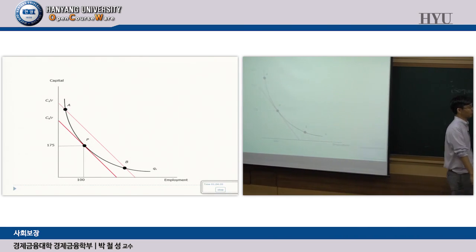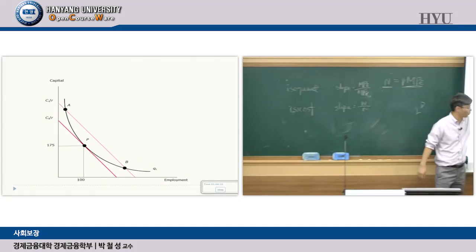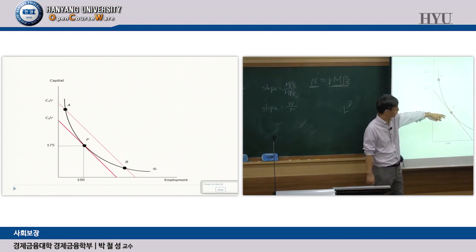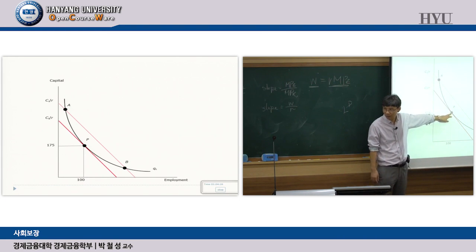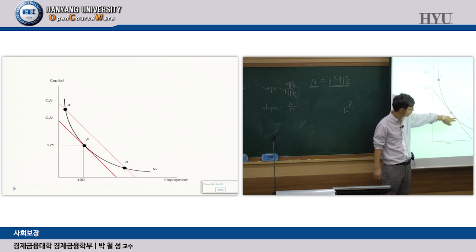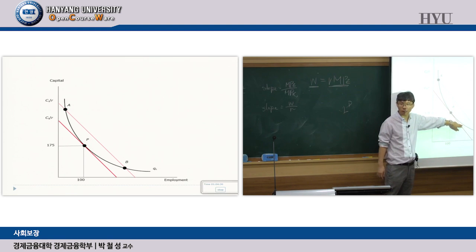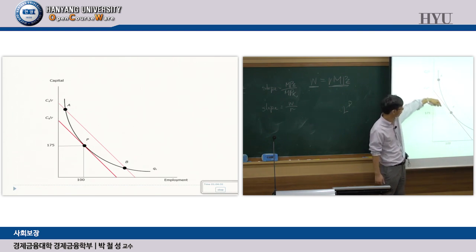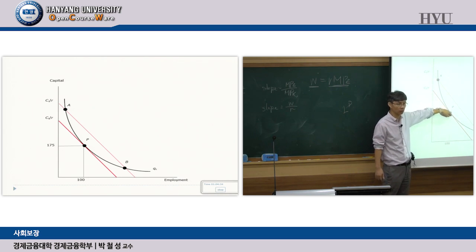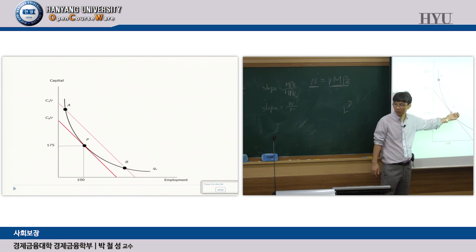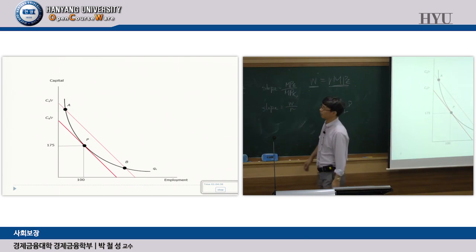So what's special about this point? The slope is important, right? The slope of the isoquant is equal to the slope of the isocost. Make sense?